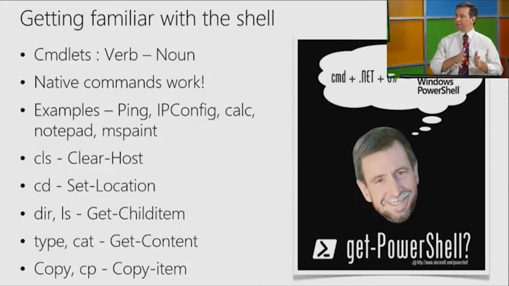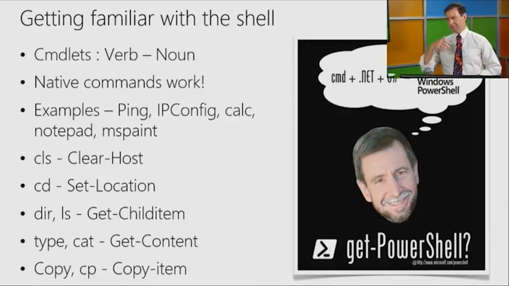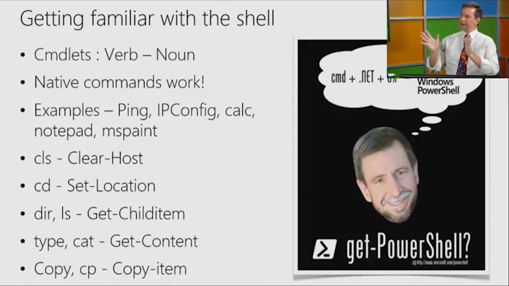If each one of the commandlets tried to do big tasks by themselves, I want to get things and process things and format them, then every developer would be doing things differently. Oh, well, I like the term sort and you like the term order and order by and all that. And so he said, no. You write the things that you and only you can do, and then leverage the engine to do everything else.